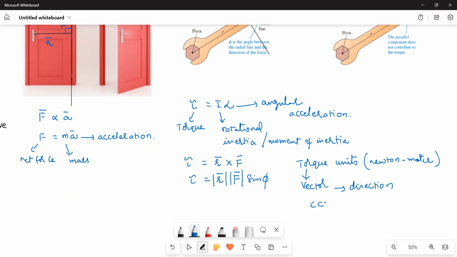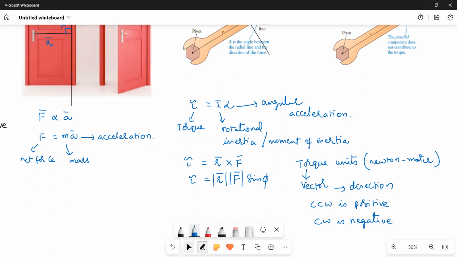Counterclockwise direction is positive, and clockwise direction is negative. Suppose the object rotates in a counterclockwise direction, we call the torque positive. If the object rotates in a clockwise direction, then that torque is called negative.